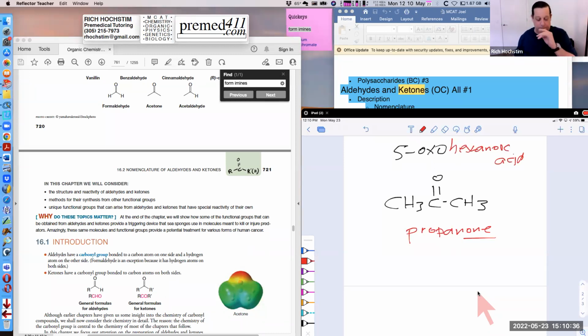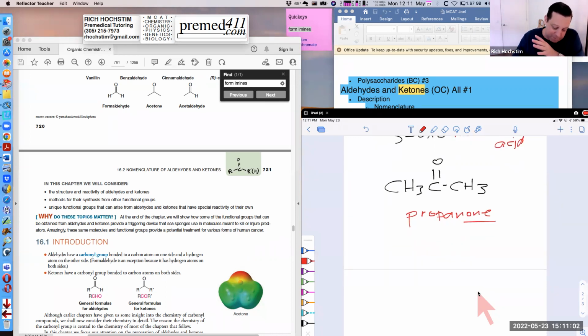Okay, so it's propanone. And there's no reason to call it 2-propanone because it can't be anything else. Because if it's a ketone, the carbonyl must be on the number 2 carbon. So it's traditional not to use the numbers unless you need to use the numbers. In fact, it's actually wrong, but teachers often allow that on tests because they're trying to encourage you to be a good human being.